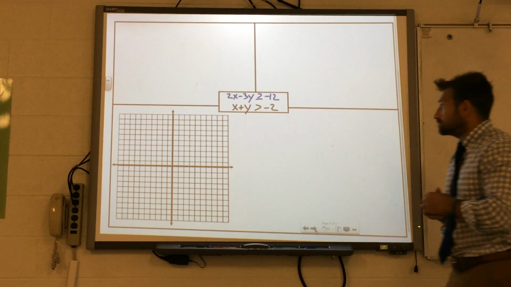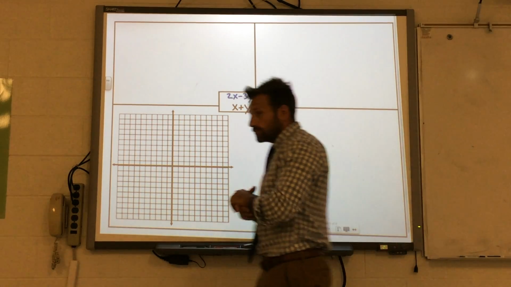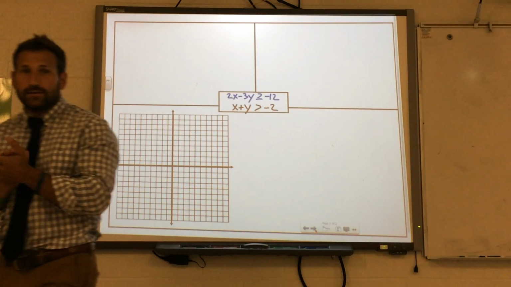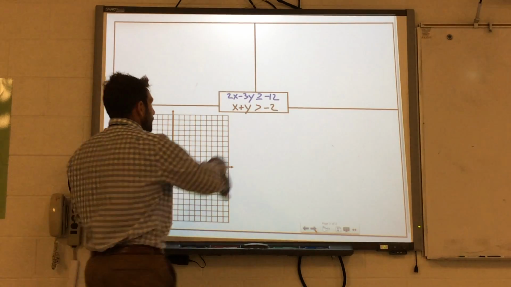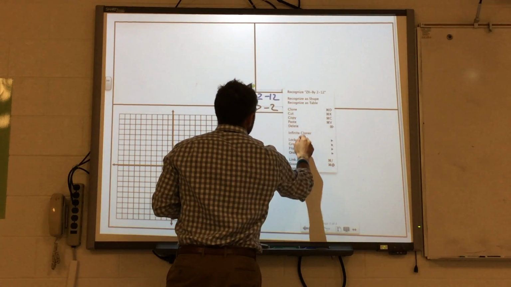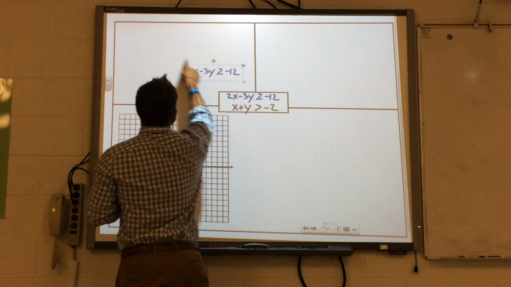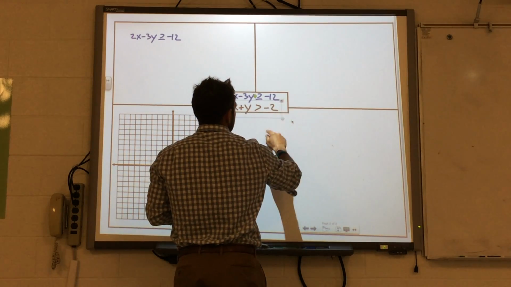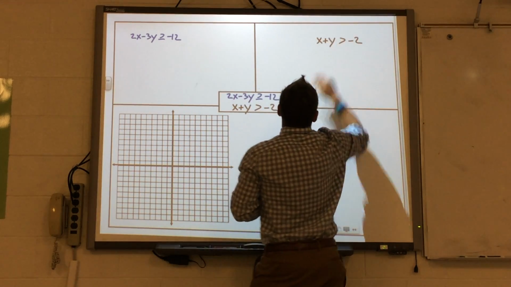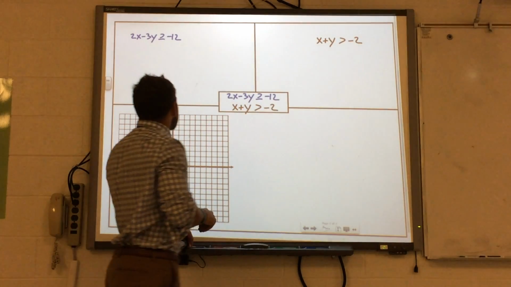Okay, another example. We have a blue and we have a black linear inequality in two variables. Same thing, we're going to separate them, and we're going to graph them separately. Find the x and y intercepts.